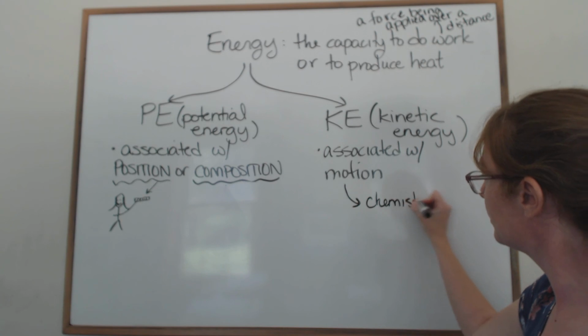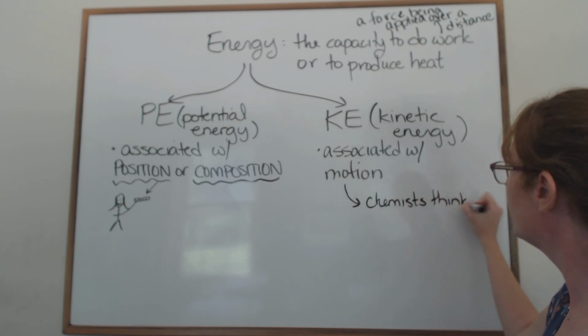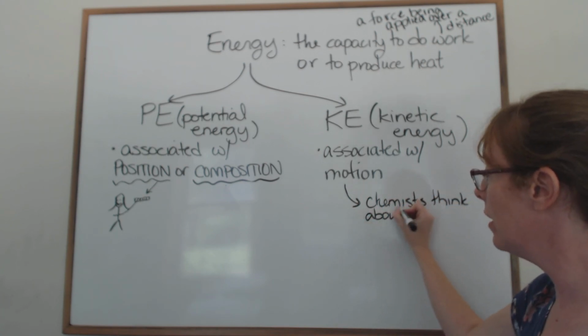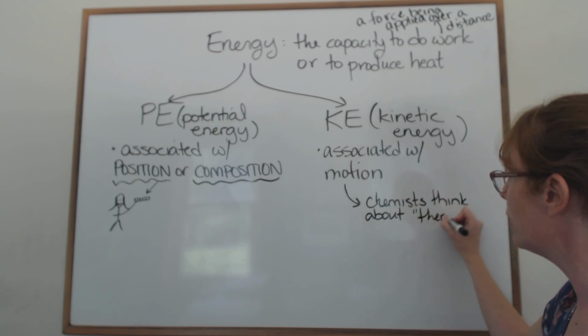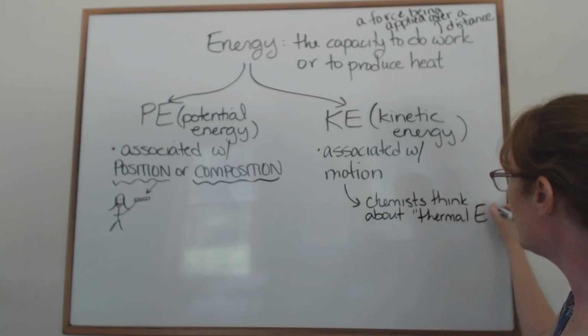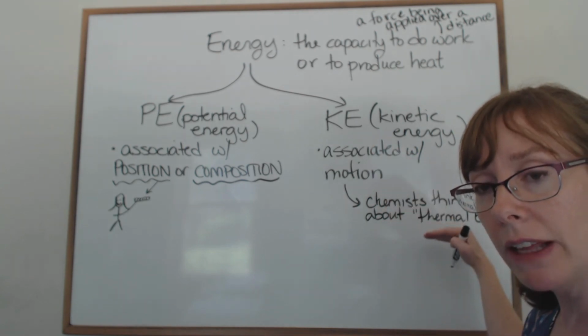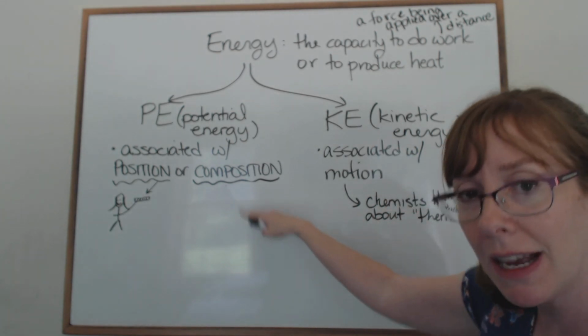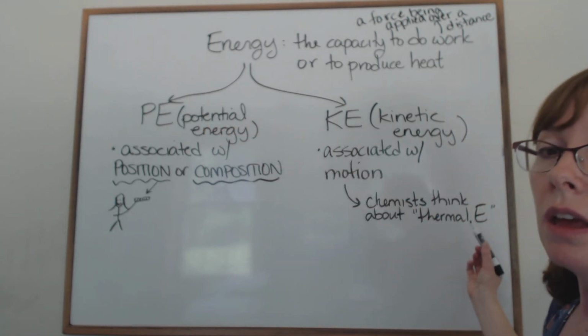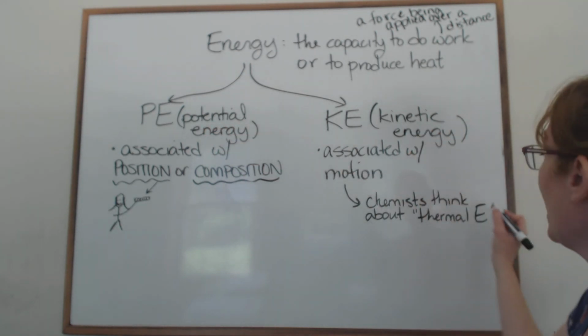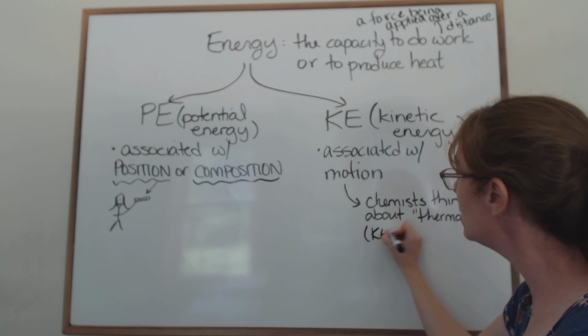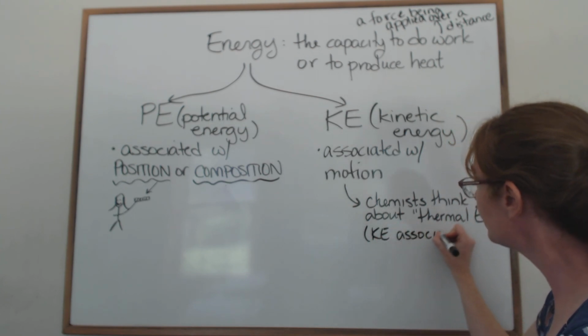Chemists think about a type of kinetic energy called thermal energy. Thermal energy is a type of kinetic energy. It's kind of like the equivalent to chemical energy being a type of potential. Thermal energy is a type of kinetic, and it's the type of kinetic energy associated with temperature.